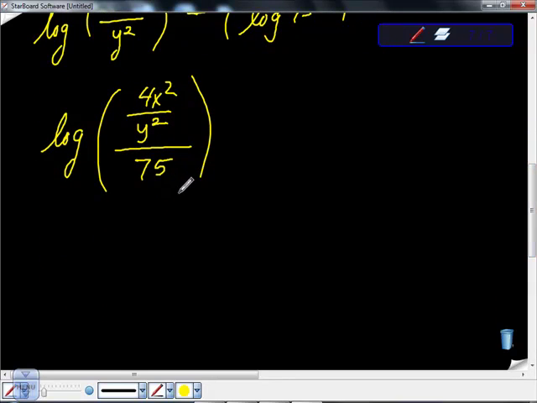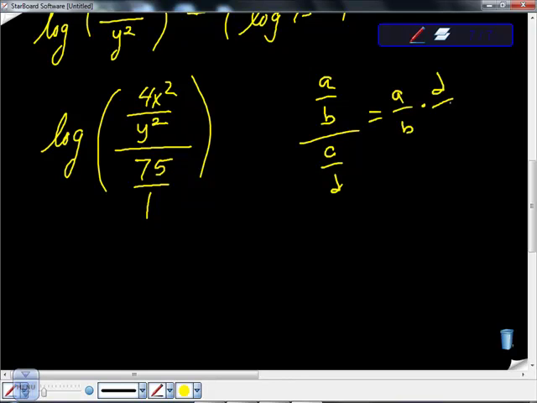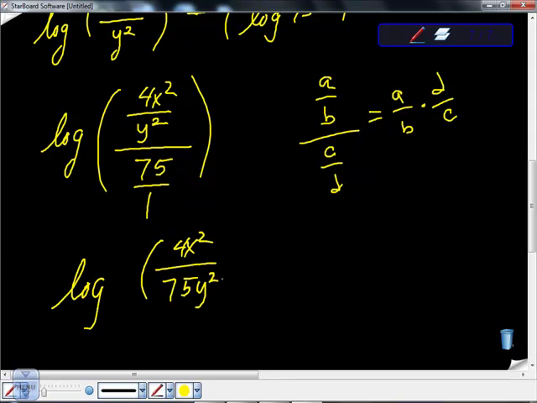This is a complex fraction, so what you do here is, if you have a over b over c over d, it can be simplified as a over b times d over c. So this is a, b, c, and d. I can rewrite this as log of 4x squared over 75y squared.